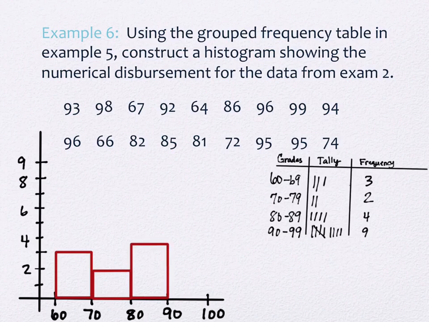I clearly made the test too easy. That's what this is saying, right? It's a lot of A's. All right, so we have 9. We're going to go from the 90. Oops, that didn't work very well. Okay, I like that. Bar of height 9.